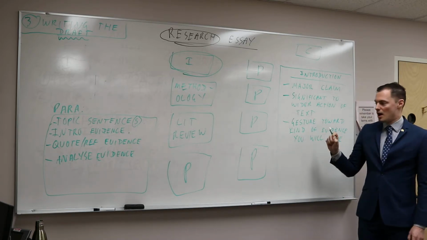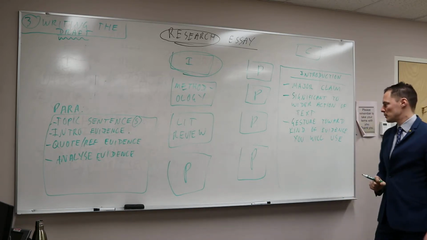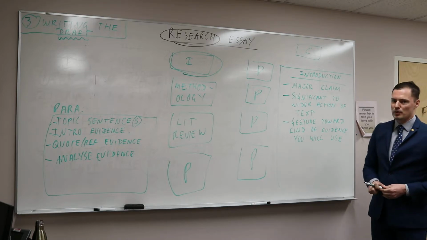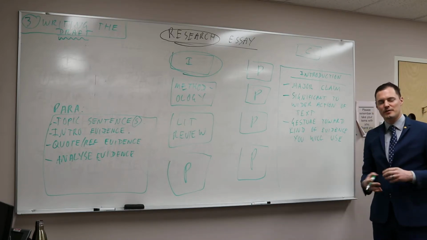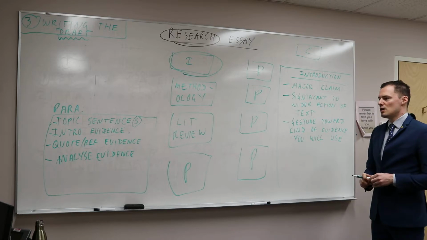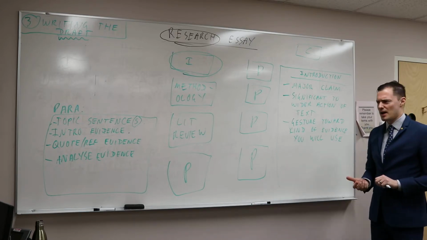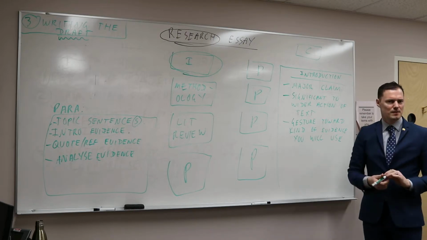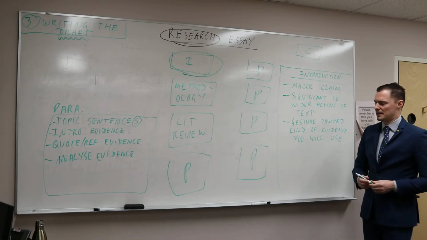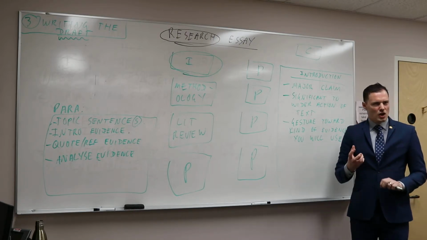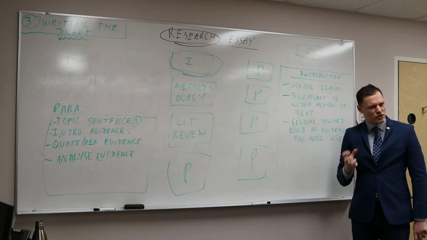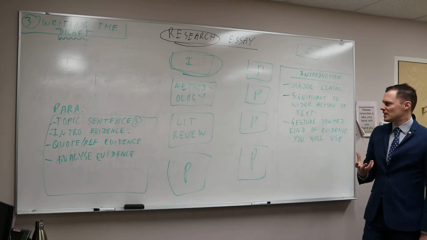So I know this sounds a bit vague, and that's because it can be almost anything. But the way to think about gesturing towards the kind of evidence you're going to use is, are you going to be looking at some really important concepts and how the novel articulates them? Are you going to be looking at unanswered questions the novel leaves us?